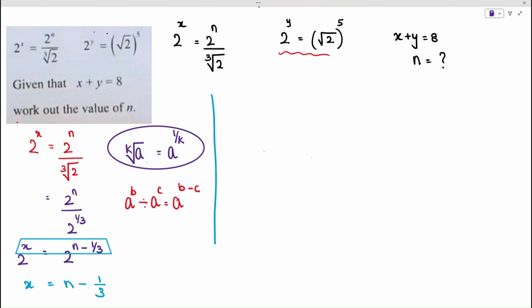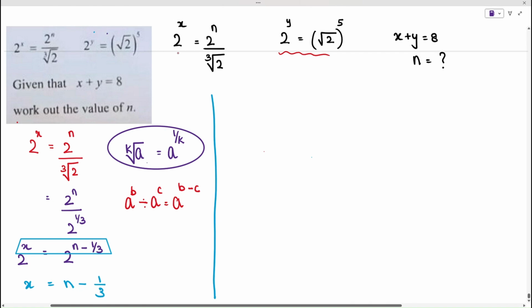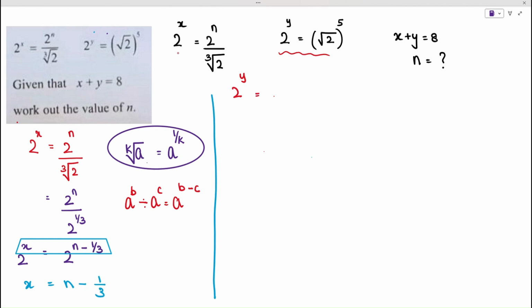Now we'll move on to 2 to the power of y. So when we have our square root of 2, we can use the same rule as we have here of the kth root, and we can have 2 to the power of a half, and that whole thing is to the power of 5.